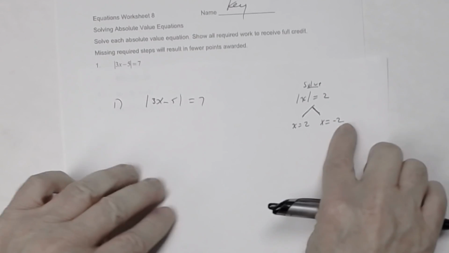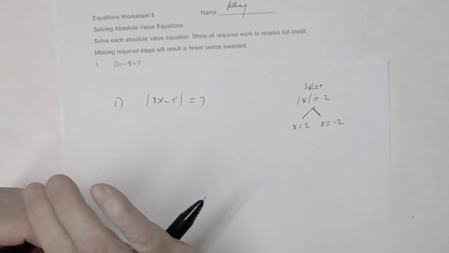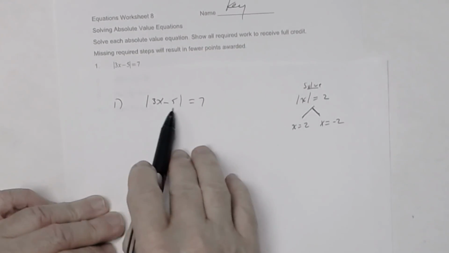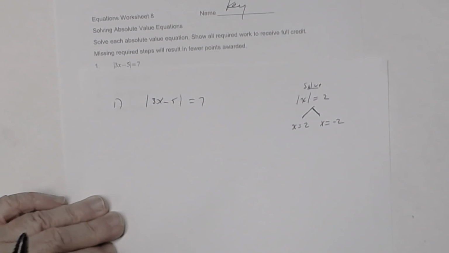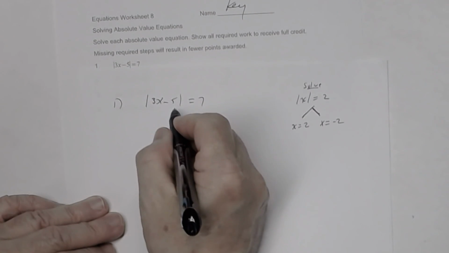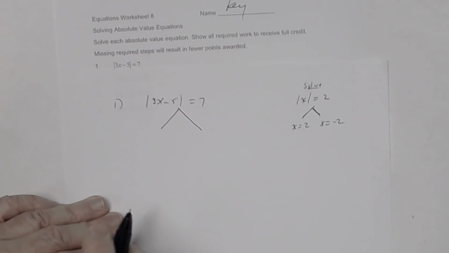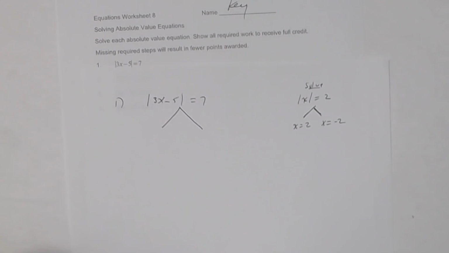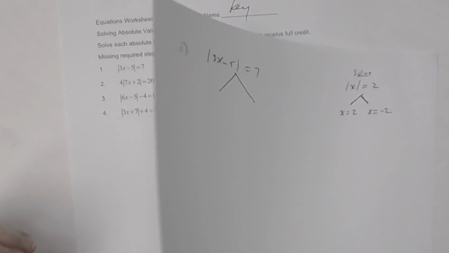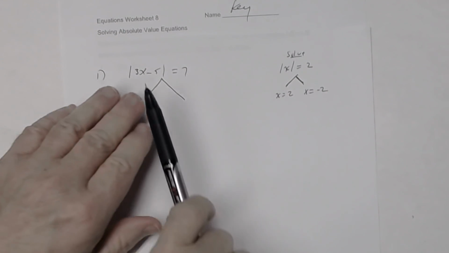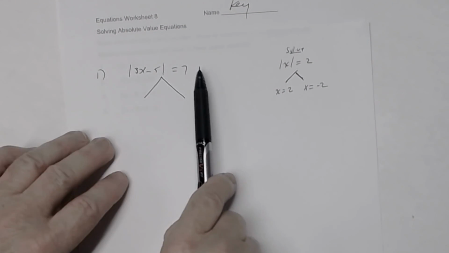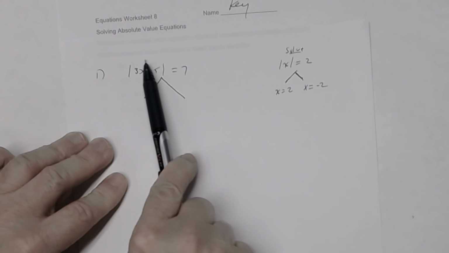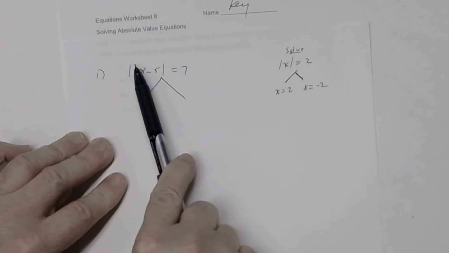Okay? All right, so number one is the easy one because the absolute value expression is by itself. So what you had to do next is rewrite this without the absolute value bars. Now, one little thing you have to remember is this: always ask yourself, when I get that absolute value by itself and I end up with this equation here, am I going to get a solution?